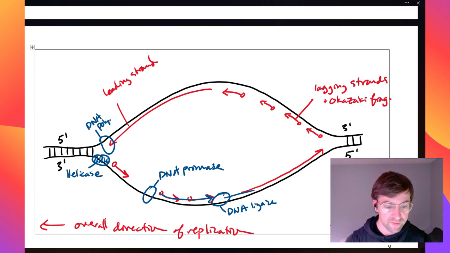What else do we got? Helicase, DNA polymerase 3. DNA ligase. Primase lays down primers. We did binding proteins. We did 3' to 5' direction. I'm missing something important here.